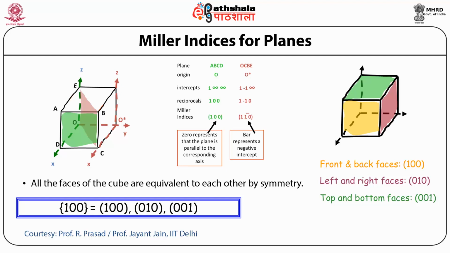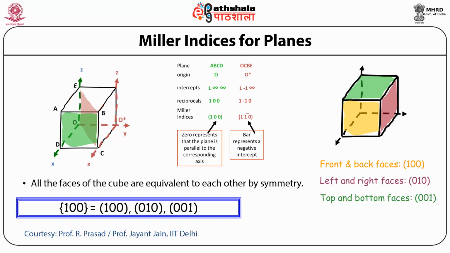Now the Miller indices will become (1 1-bar 0) in curved brackets. Let me recall that in the previous slide it was mentioned that when the reciprocals or intercepts are negative, we represent them by h bar, k bar or l bar. So similarly, in this case the Miller indices will be 1 1-bar 0. The bar represents a negative intercept.